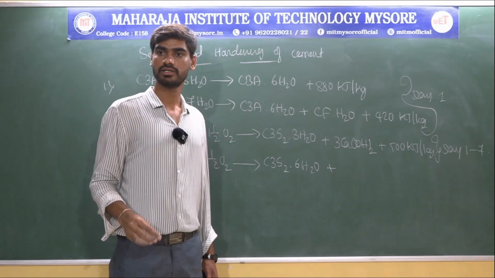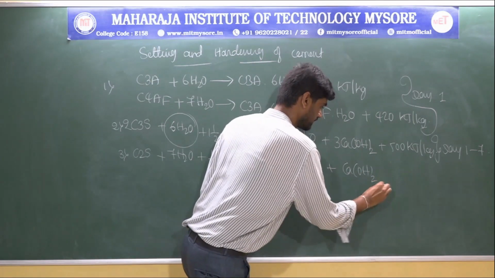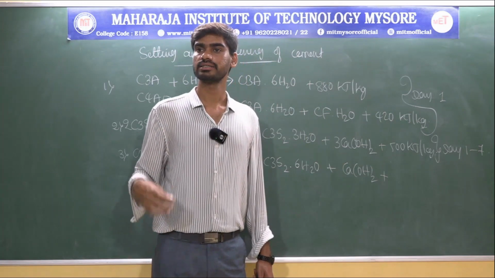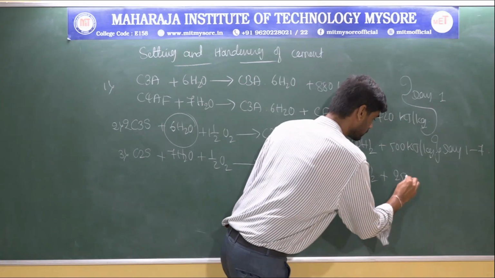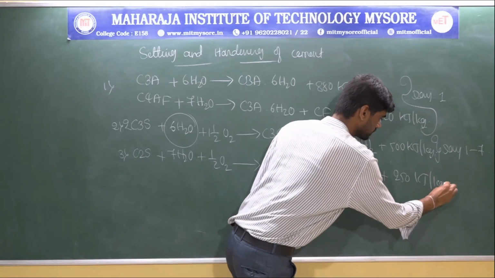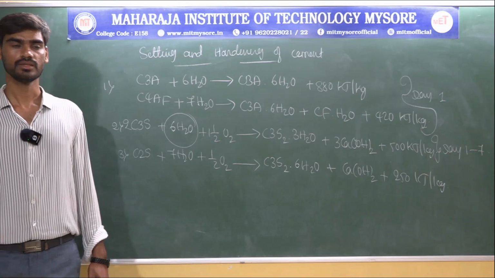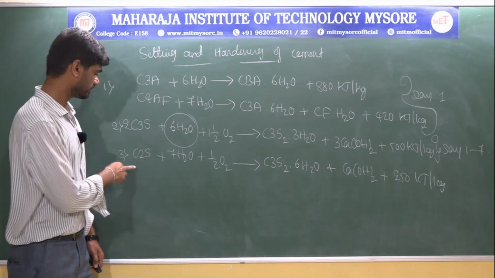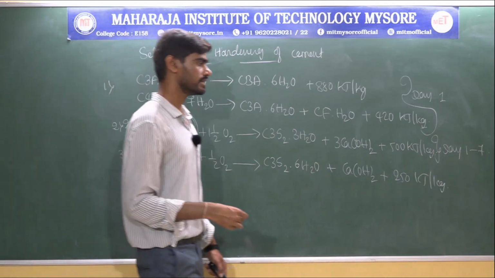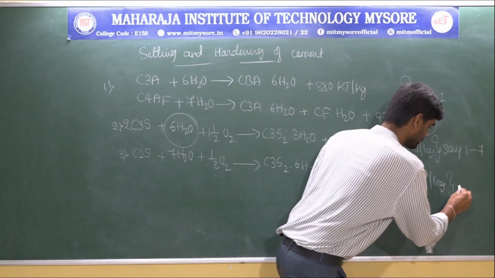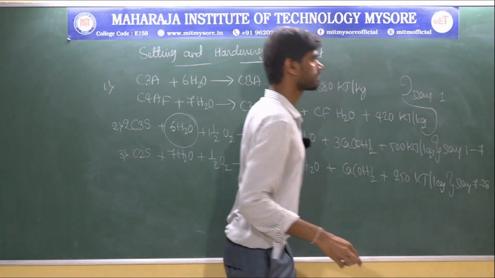In addition, it also gives rise to calcium hydroxide and generates energy of about 250 kilojoules per kg. So in brief, this hydrolysis of C2S happens from day 7 to day 28.